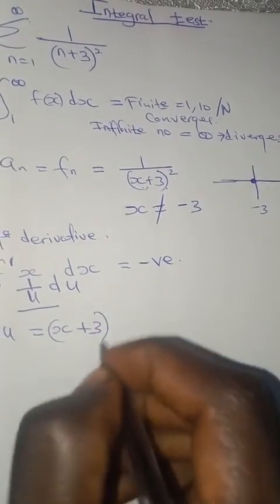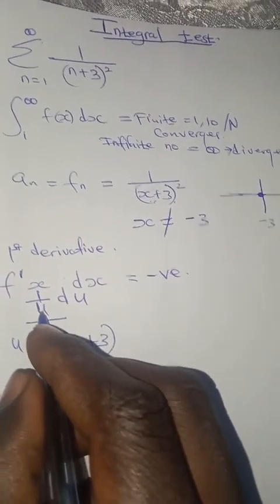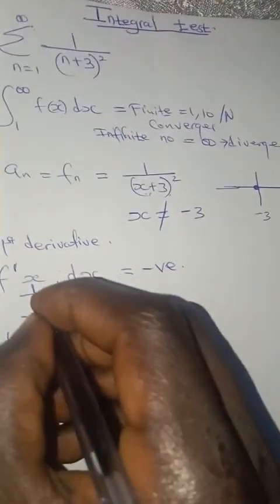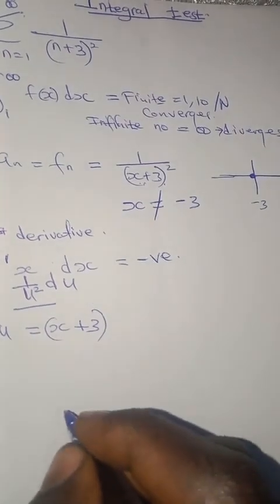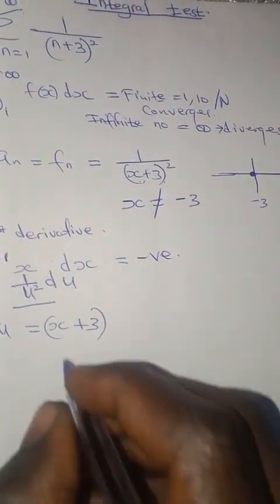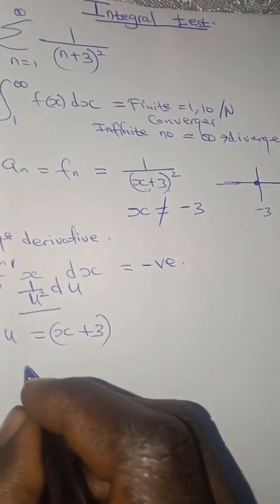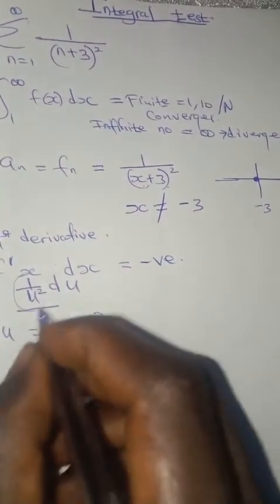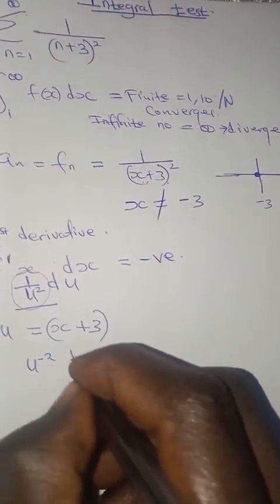Then the function is 1 over u squared, which is u to the negative 2, times du.